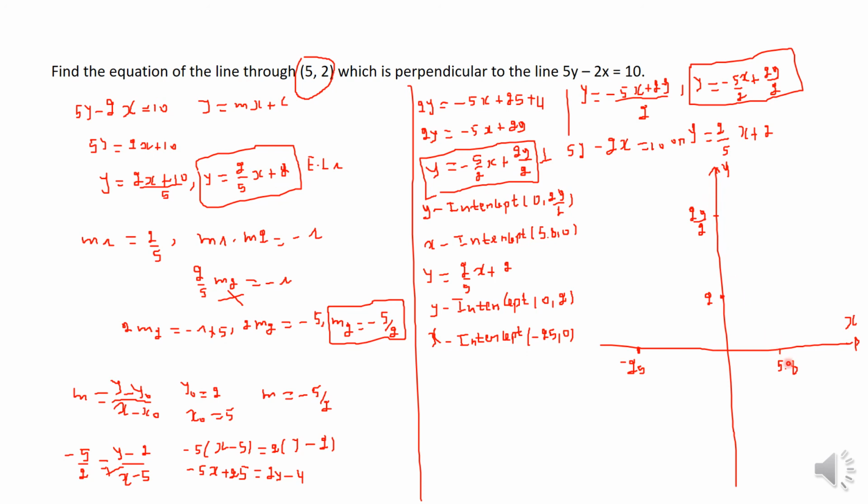This becomes line 1. And now another point of the line, here we have 0 and 2, if x is equal to 0, y is equal to 2. Another point, if x is equal to negative 25, y is equal to 0. You can join these points and now we get a line.